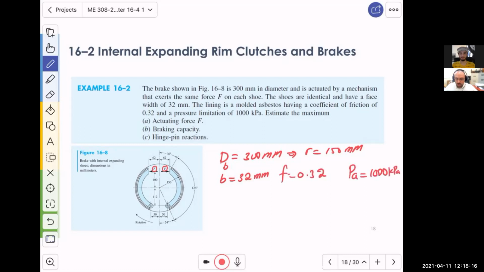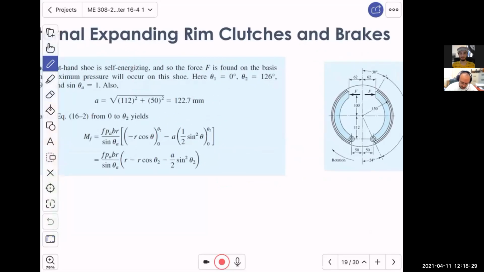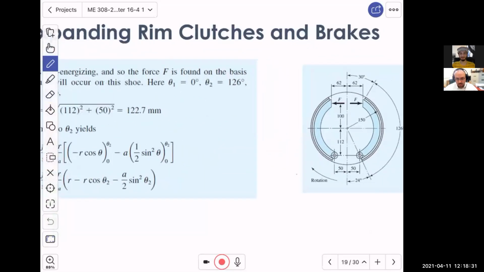We want to estimate the actuating force. We want to know the braking capacity and the hinge pin reactions. Okay, all right. Now, before we get started, let's analyze this first.